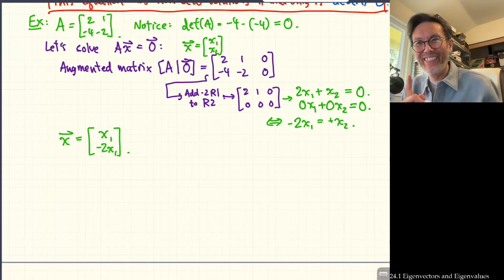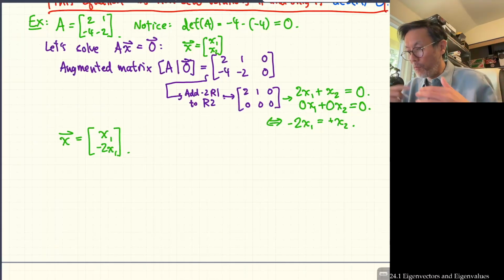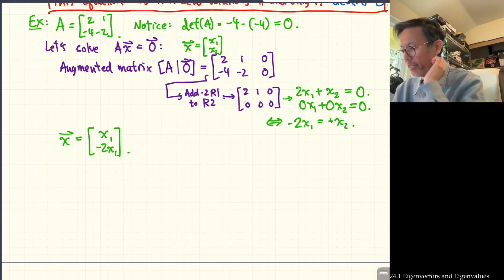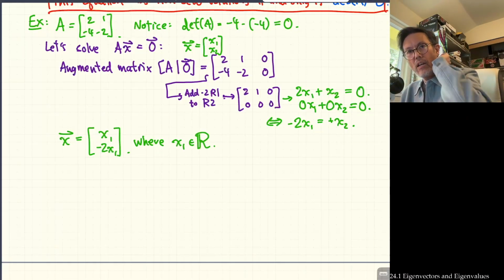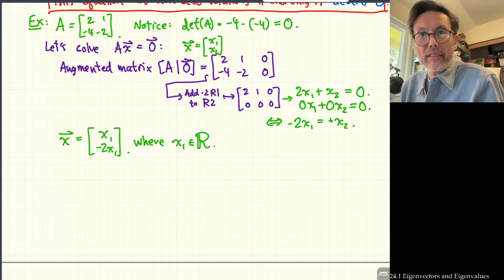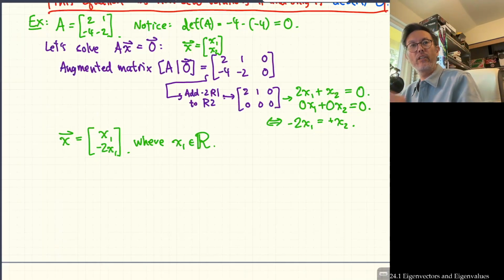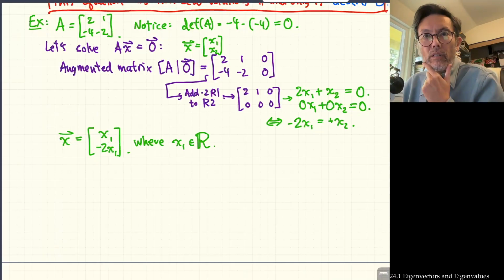Are you with me? What this means is that you can let x1 be whatever it wants to be, where x1 is an arbitrary real number, and what you obtain for x is a solution to Ax equal to 0.